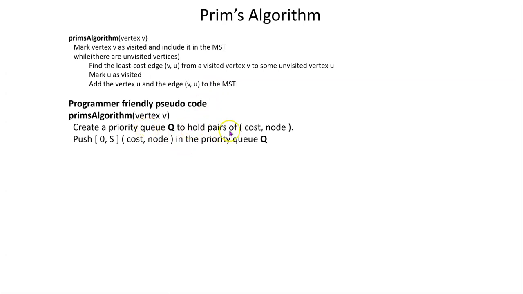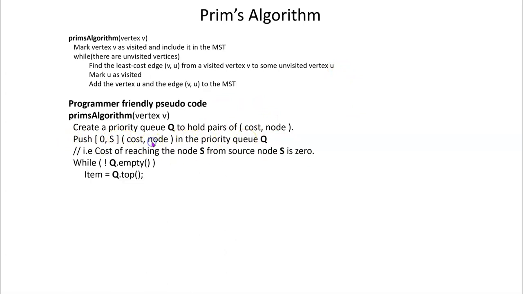Create a priority queue to hold pairs of cost and node. We're going to push 0, S into the priority queue, since the cost of reaching the node S from the source node S is 0. While Q is not empty, we're going to grab the first item and pop it. Cost C equals the cost.